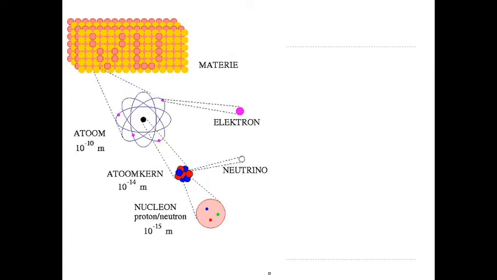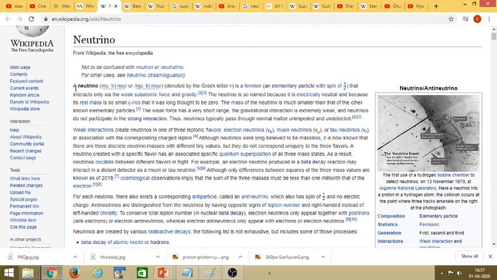Given this structure of matter, where they've shown there are neutrinos over here, let's also take a look at what Wikipedia has to say about what neutrinos are.